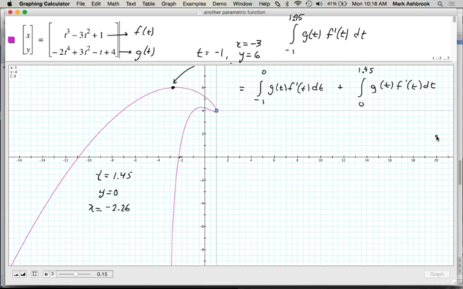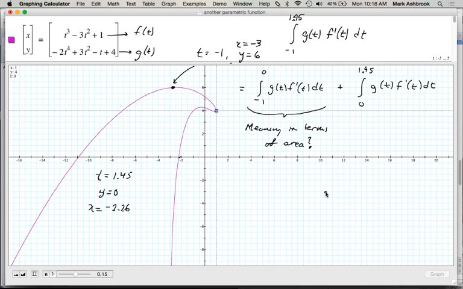So the first one, what is the meaning in terms of area? So why don't you take a minute to talk about that?